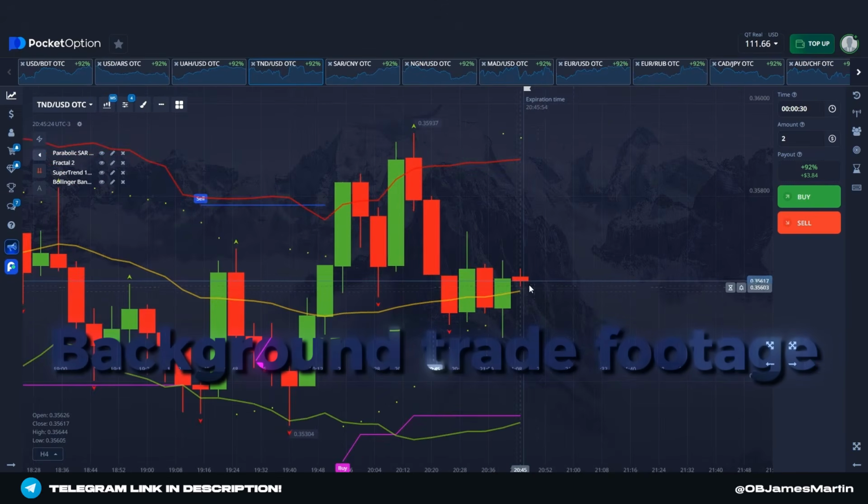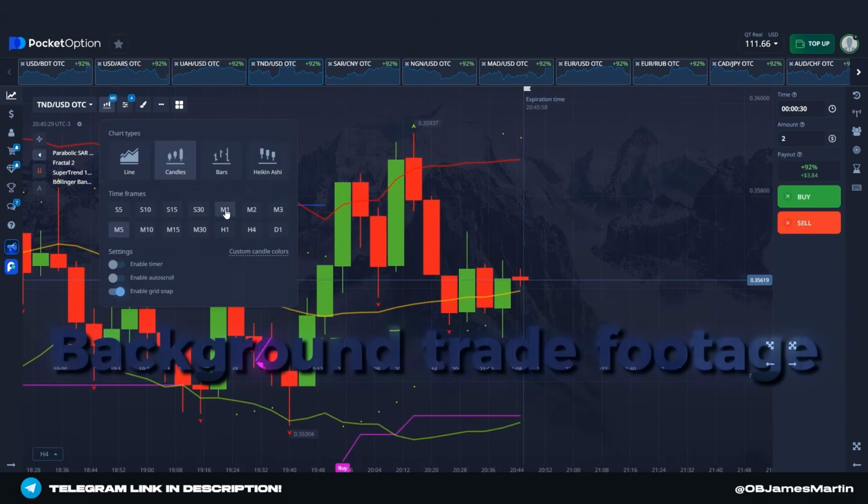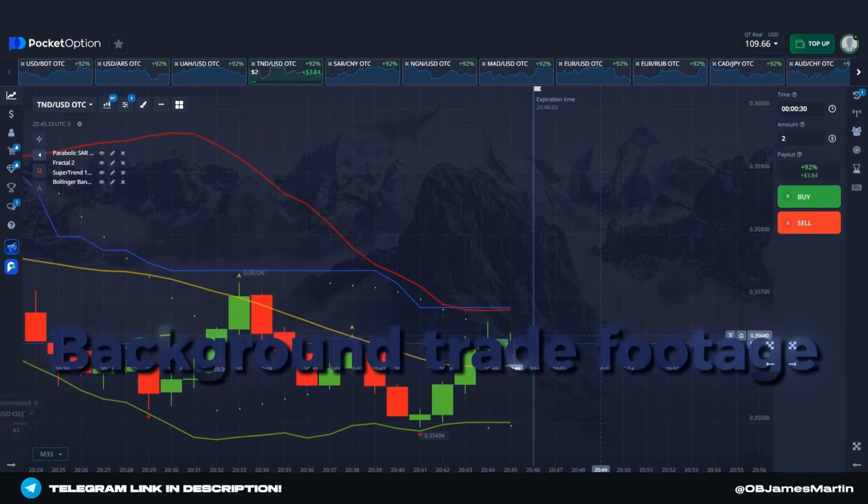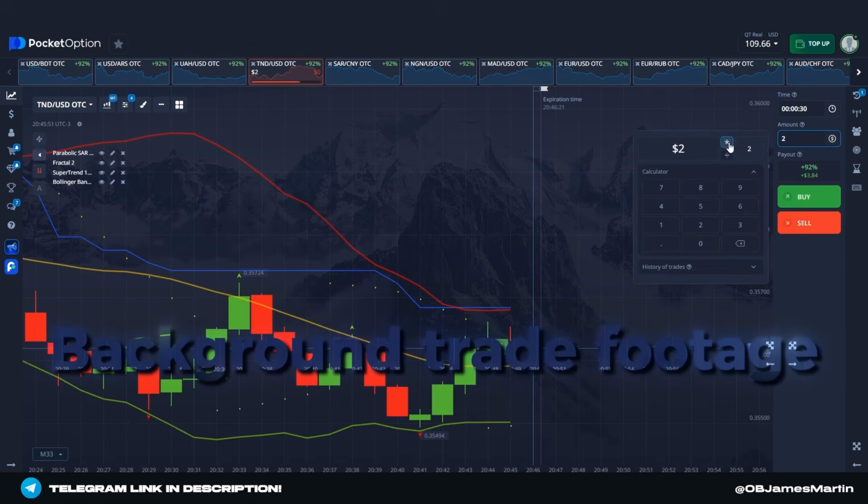For expiration time, that's up to you, whether you want to use 1 minute, 5 minutes, or 50 seconds. You just need to wait for 2 or 3 candles on your current time frame. For example, if you are trading on a 5 minute chart, you can use 10 or 15 minutes expiration. This gives the trend enough time to continue.